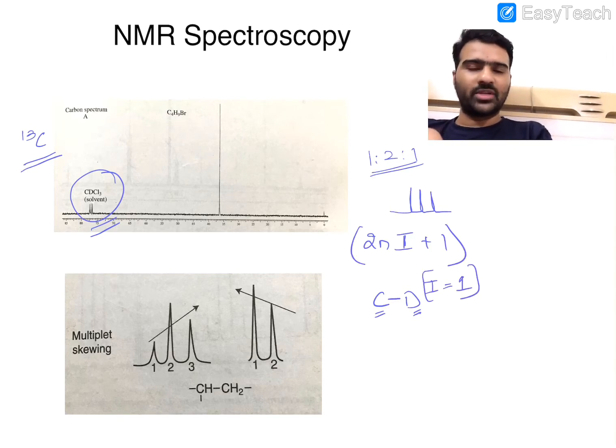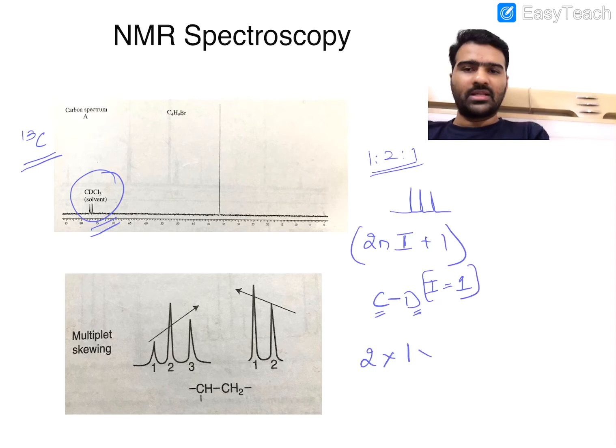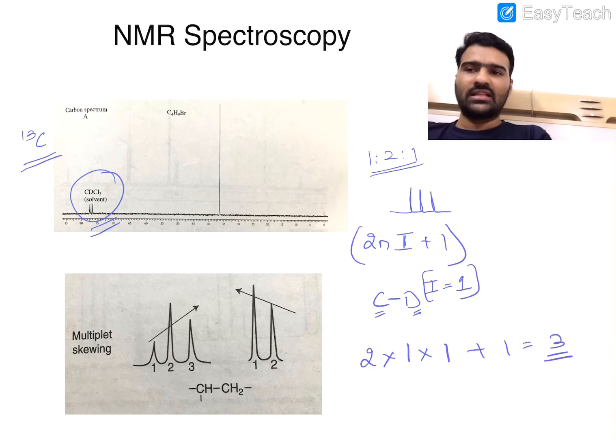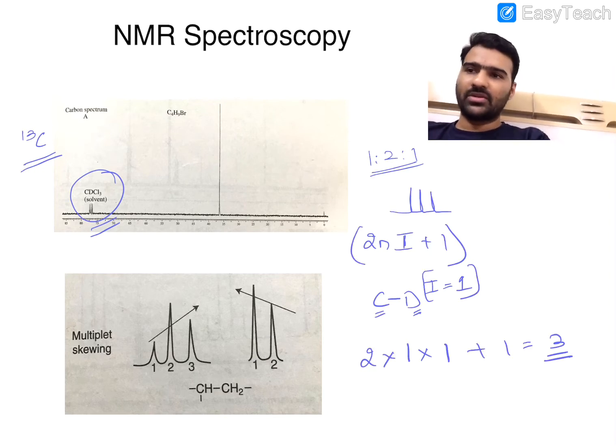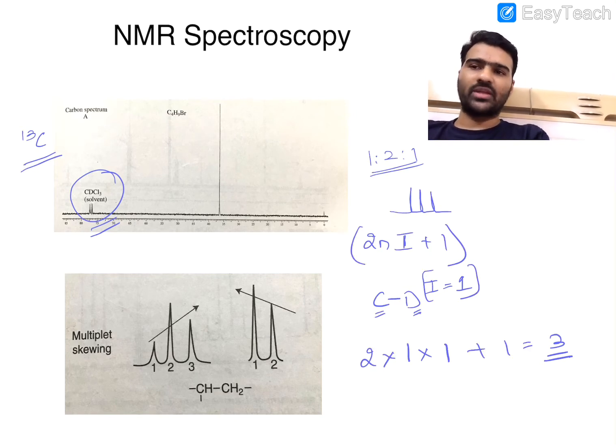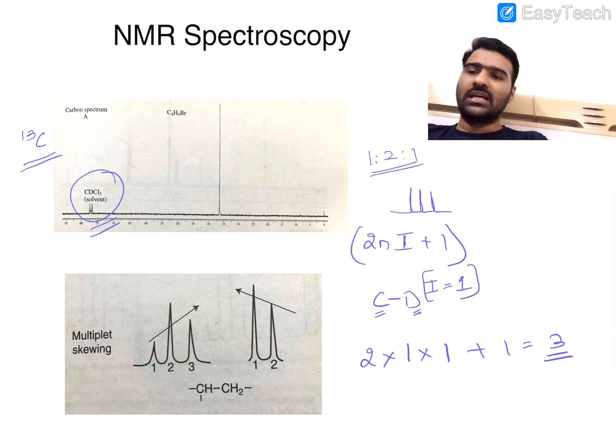If you substitute into this formula, you get 2 multiplied by the number of deuteriums in CDCl3, which is 1, multiplied by its spin quantum number, that's 1, plus 1, that gives 3. And that's why in CDCl3 the solvent peak that appears while you record a C13 spectrum happens to be a triplet of equal intensities of 1:1:1. Okay, that's something which is interesting.